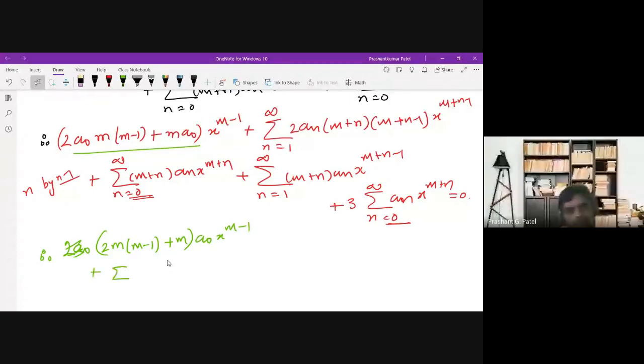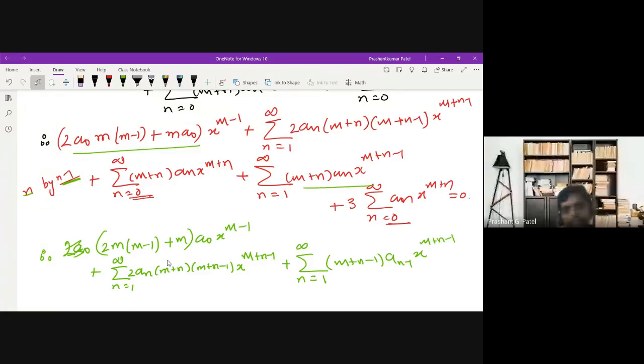The first summation as it is, that I'm writing. The second summation, I have to start with 1 to infinity, and instead of n, I have to substitute n minus 1. So it is m plus n minus 1, a n minus 1, x power m plus n minus 1.